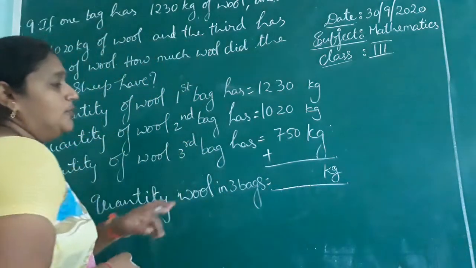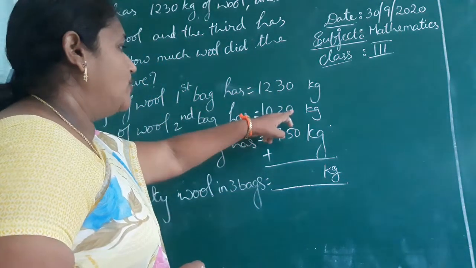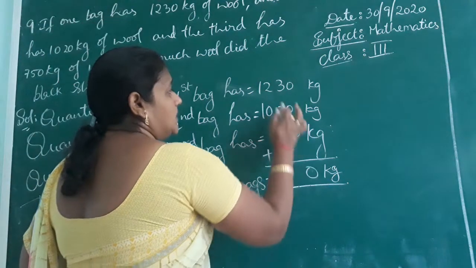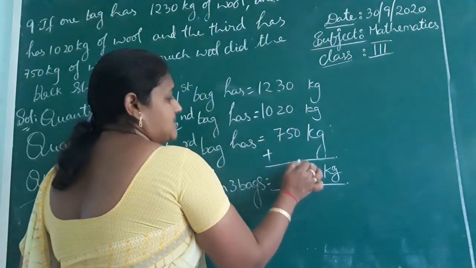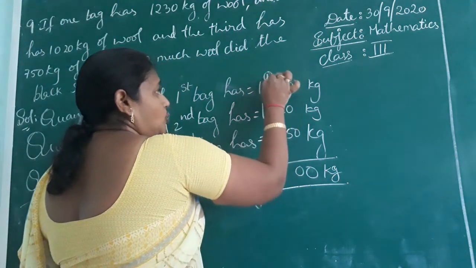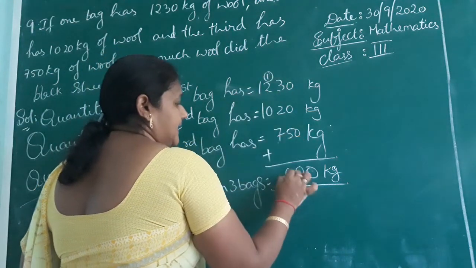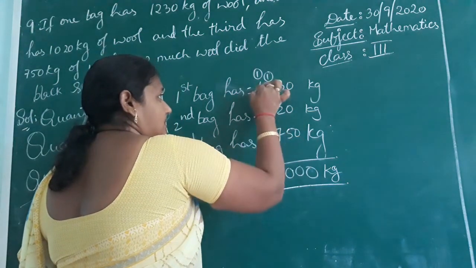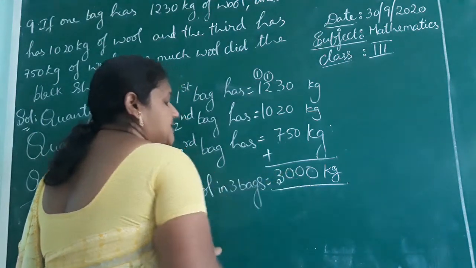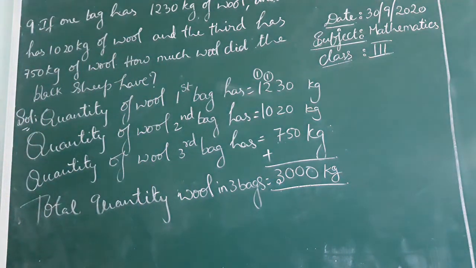As usual, we have to measure the unit place. 0 plus 0 plus 0, 0. 5, 3 plus 2, 5, 5 plus 5, 10. 2 plus 1, 3, 3 plus 7, 10. Again here 1 plus 1, 2, 2 plus 1, 3. So it's nothing but 3000 kg of wool that the sheep has.